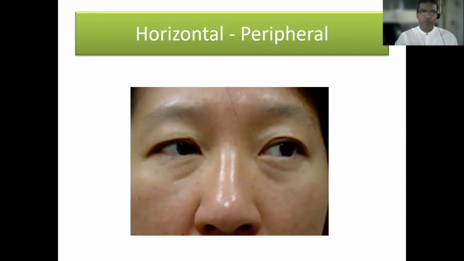So which is the side of the lesion? The side of the lesion will be on the patient's right. So you get a fast beating phase towards the left. It's horizontal, both the eye movements are together, it's conjugate and it's biphasic. So these are features of a peripheral vestibular disorder.